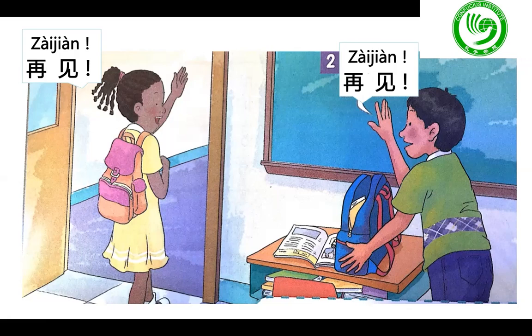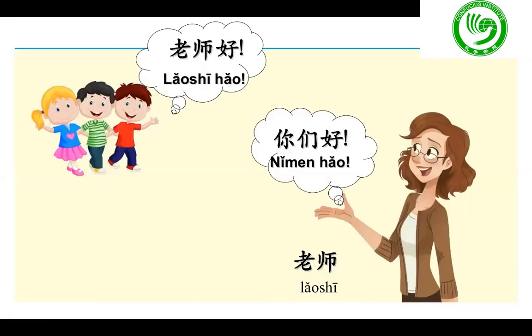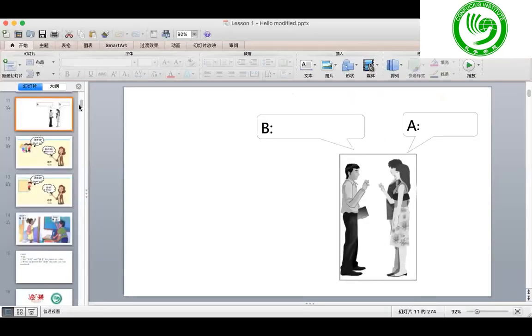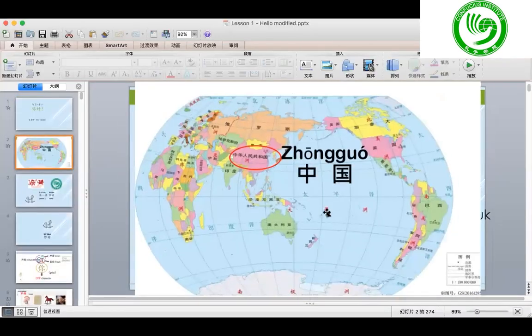再见。很好。So today, what did we learn? Let us think about this question together. At the very beginning, we have learned where China is. China is a country in Asia. And how to say China in Chinese?